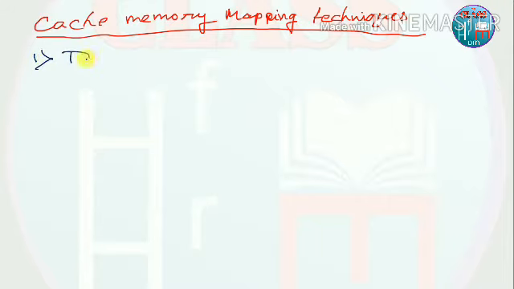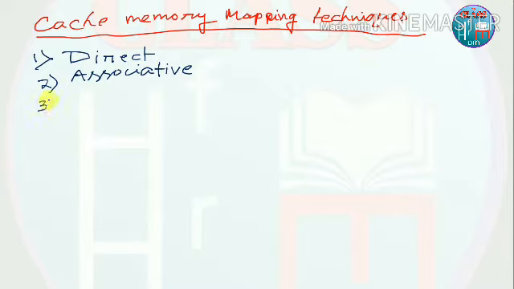One is called direct, number two is associative, and number three is set associative.